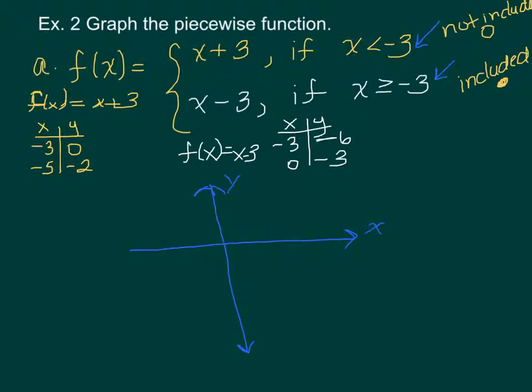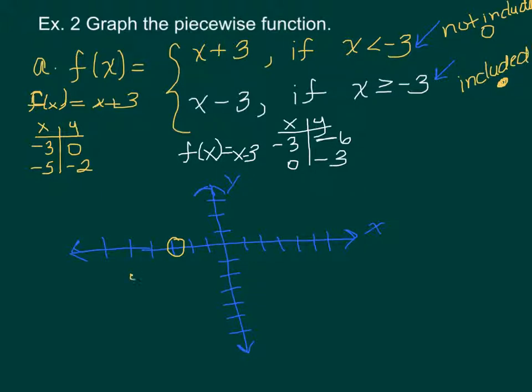That's my y, this is my x. All right, so my yellow graph, -3, 0. Remember that one is an open circle because it's not included. And -5, -2. I didn't go over enough. One, 2, 3, 4, 5.